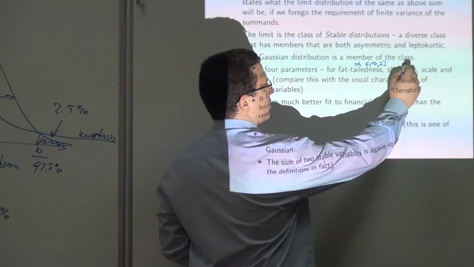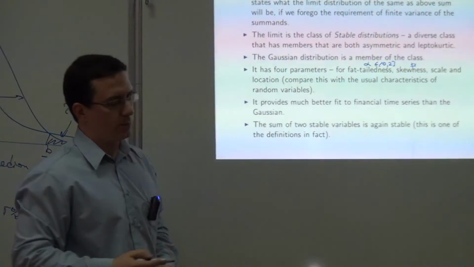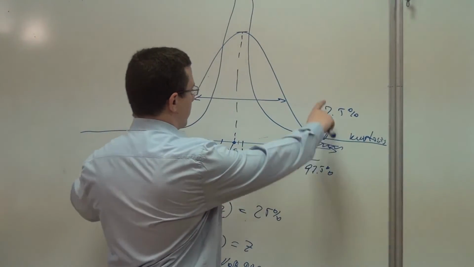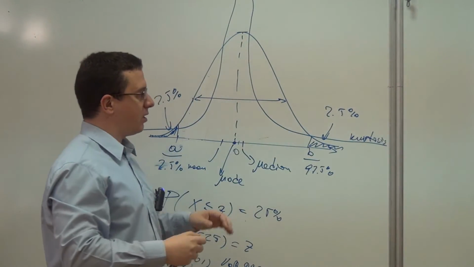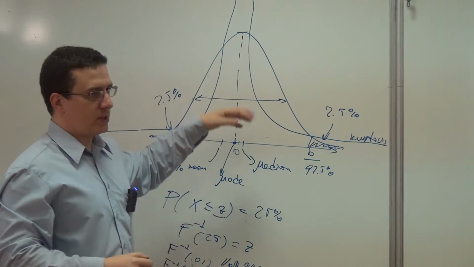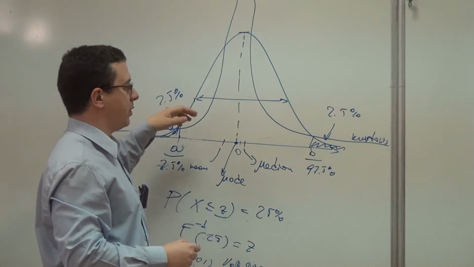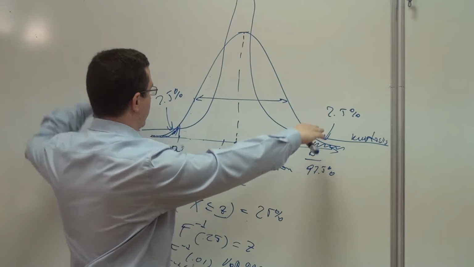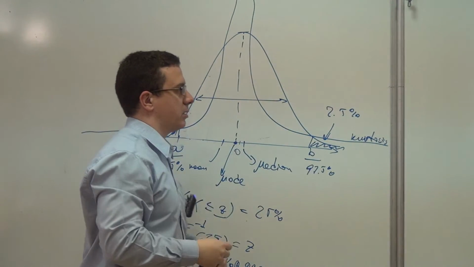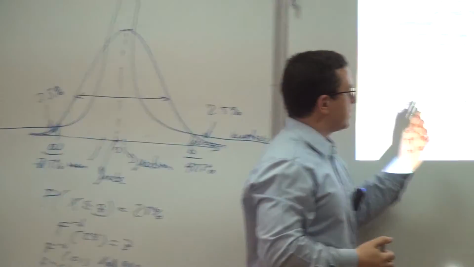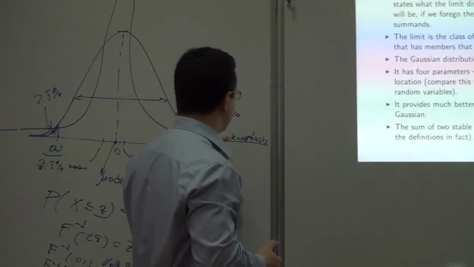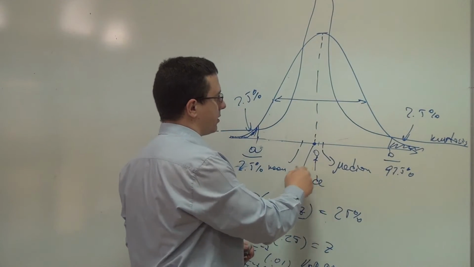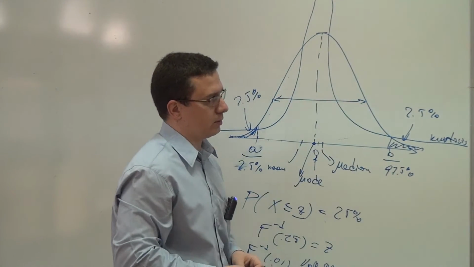We have skewness. People usually use beta for the skewness, and it controls the asymmetry. And beta of 0 basically means that there is no asymmetry. And beta of 1, we have distributions like this, and beta of minus 1, we have distributions like this. Scale and location, same thing here. Basically where the center is and how spread out the values are.